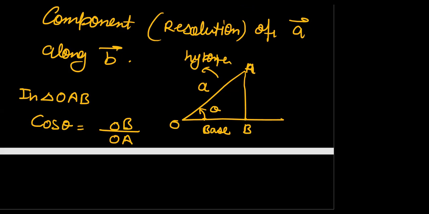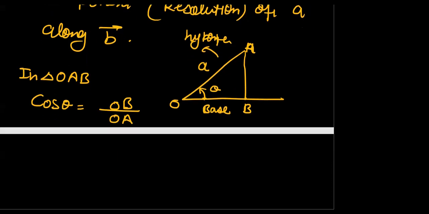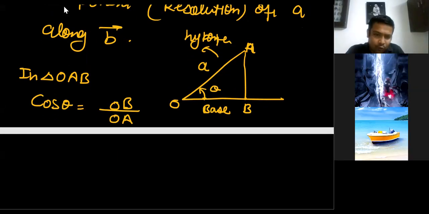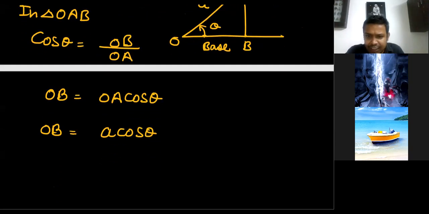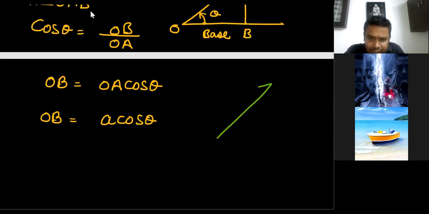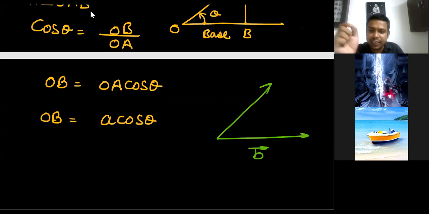So let us see the value of OB. The value of OB is OA into cos theta. And we know very well OA is A. So OB is equal to A cos theta. So my dear friends, the value of vector A along vector B is A cos theta.